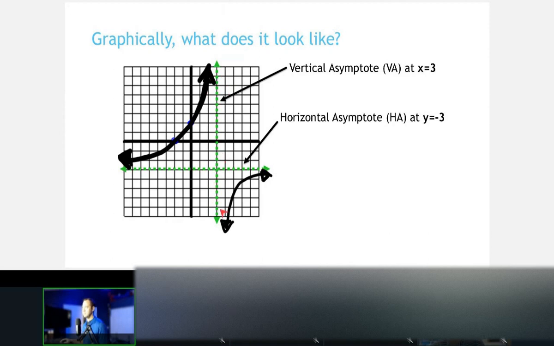And this is the vertical one. So this graph will get really close to this vertical line, but it never touches it. It'll never cross over. Same thing for this part of the graph here.